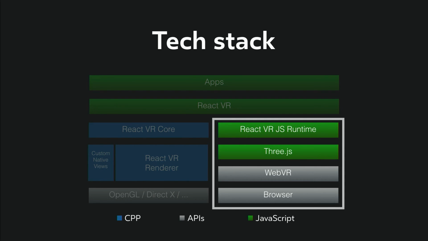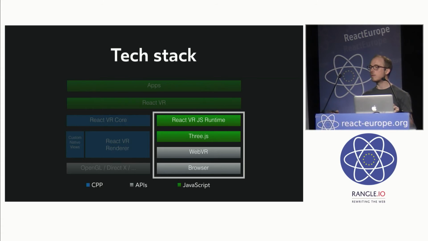Now, on the right of the diagram, we have our web implementation. This is a set of source code that was released during F8 last month. For the rendering, we use 3JS, which is used across many WebGL applications. In the future, we may abstract the rendering library. However, ultimately, our immediate focus is to realize what React VR can accomplish and really make decisions based on that.